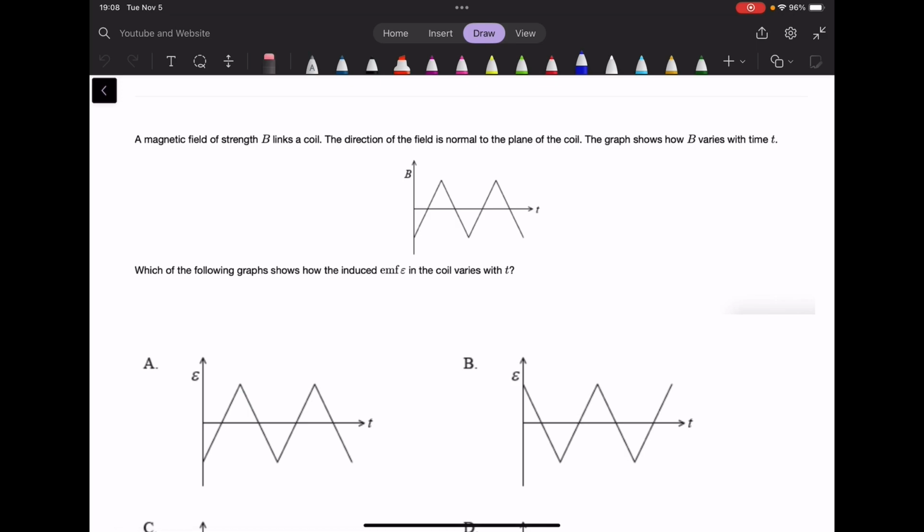So how do we solve this problem? We know that induced EMF is equal to negative N, where N is the number of coils, multiplied by the rate of change of magnetic flux. And magnetic flux is equal to magnetic field multiplied by area.